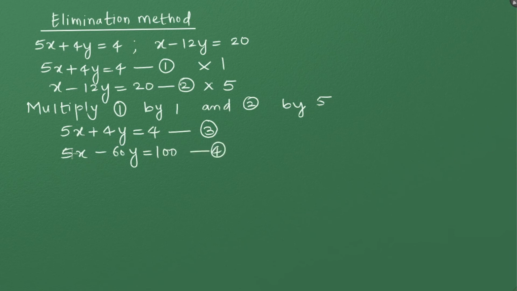Now please note that the coefficient of x in both the equations are equal, that is it is 5. So now you can subtract equation 4 from 3 to get the value of y because x will be eliminated.